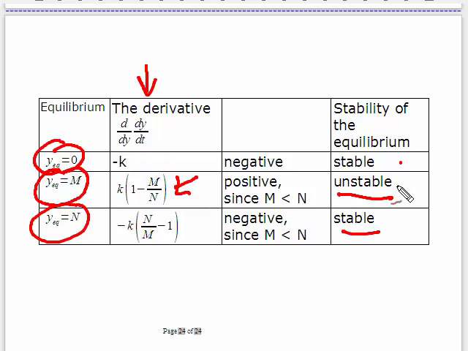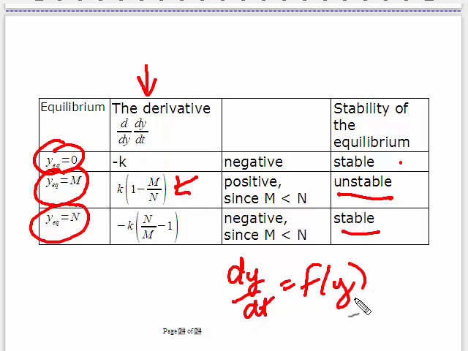So let's summarize what happened. We have the direction field with the isoclines, particularly the nullclines, drawn for the autonomous first order differential equation, some function of y only. All of these are horizontal lines. Now the equilibrium solutions, the nullclines are also solutions. They are the equilibrium solutions of the equation.